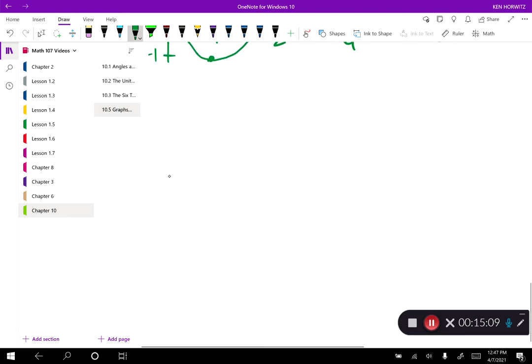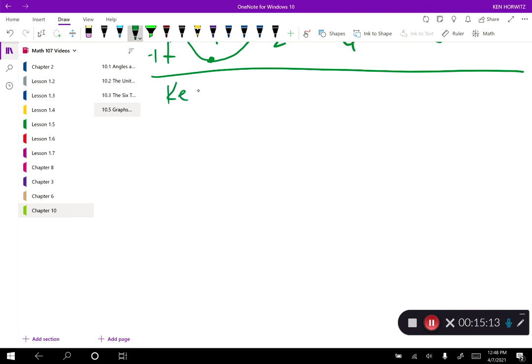But we got to get into cosine now, because we said this was graphs of sine and cosine. So the key values for cosine are the same as sine.